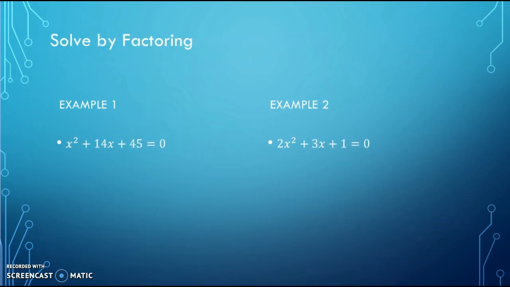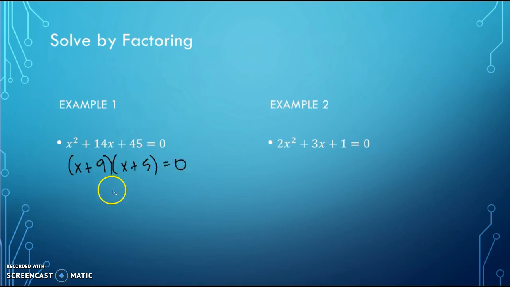And for the last part of the video, we're going to review solving by factoring, which we did a little bit already. But remember, to solve by factoring, it's got to be set equal to 0. So if it's not, you need to first move everything over to one side so that it is set equal to 0. And then this one was one we already factored. We wanted to multiply to 45 and add to 14. So we said that was x plus 9 and x plus 5.